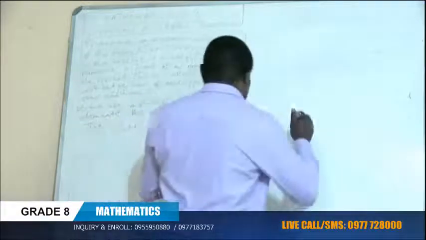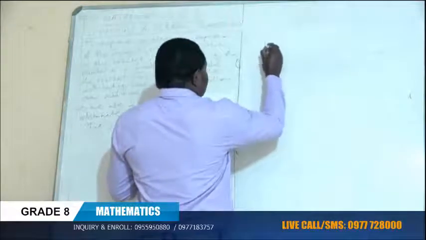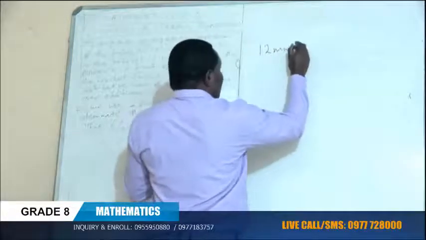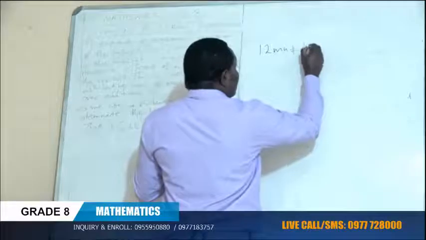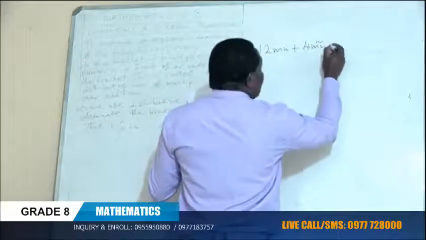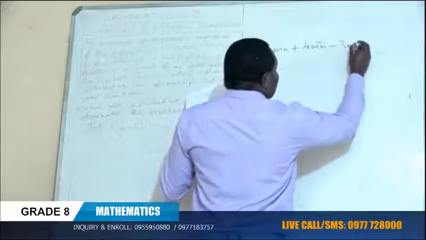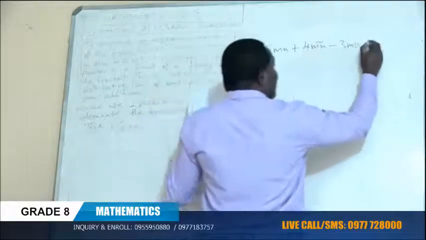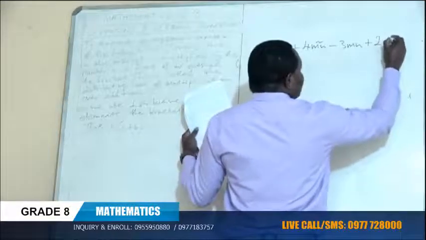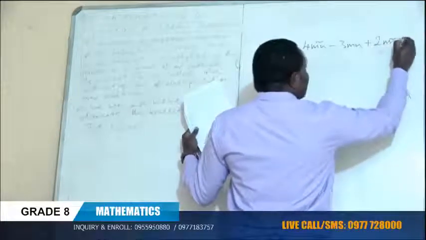And C is 12mn plus 4m squared n minus 3mn plus 2m squared n.